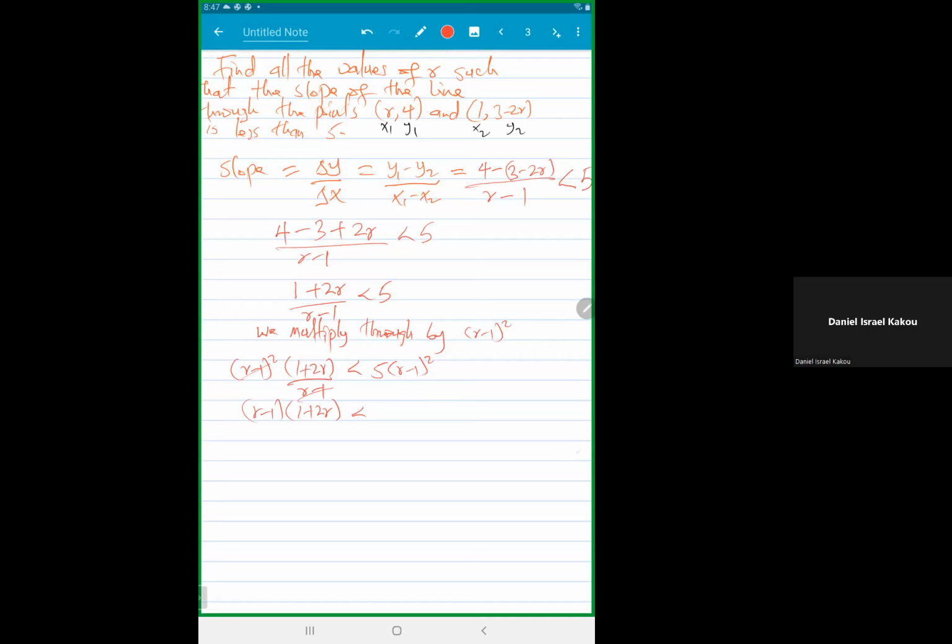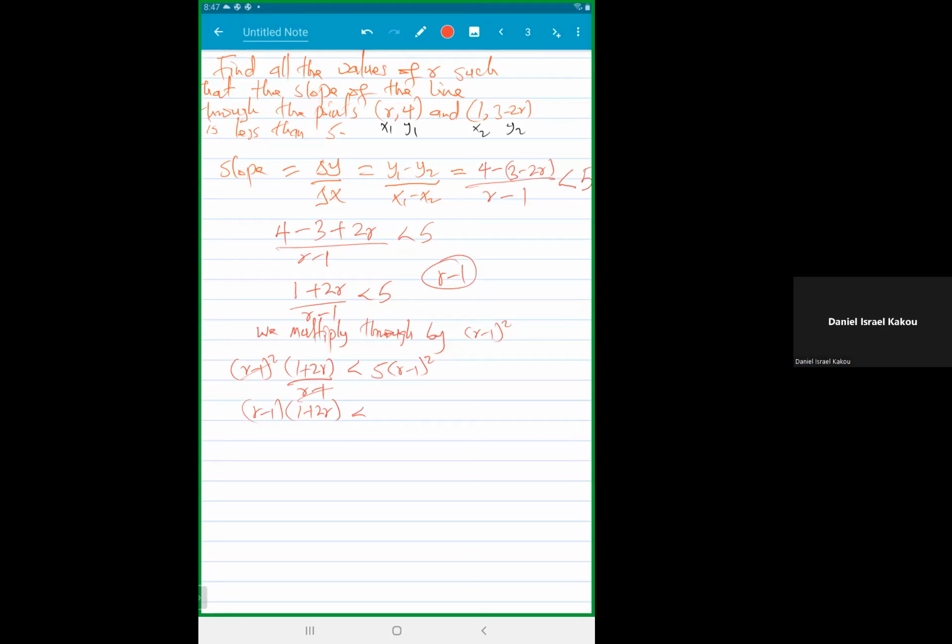Do you remember that property? Yes, sir. Yeah. So because we are now supposed to multiply through by the denominator, which we have in the form of r minus 1, depending on what r is will determine whether the whole of r minus 1 will be negative or positive, right?